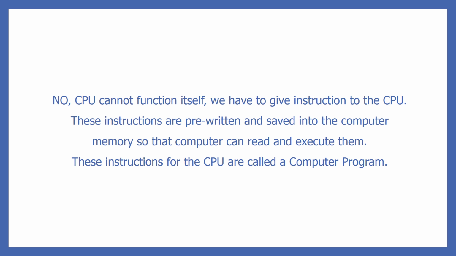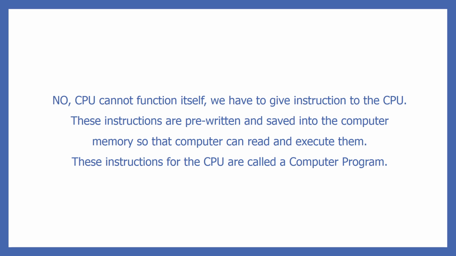Yes, it is true that the CPU can perform the instructions in a very fast manner. It's very accurate and super fast, but CPU is not capable to do any task on its own. It doesn't have an ability to think itself.